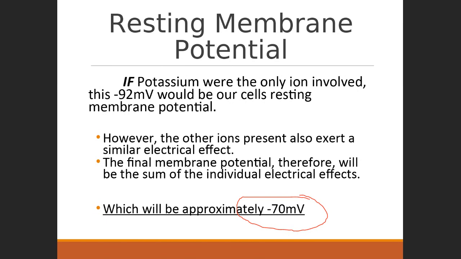Now, if you notice, the topic at the top of the screen changed. We're no longer going to be referring to membrane potential as anything meant to be specific. The neuron is what we've referred to as an excitable cell.